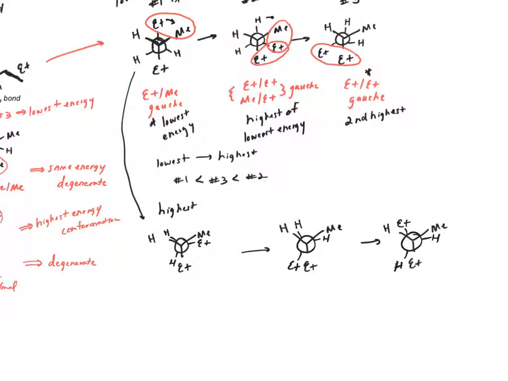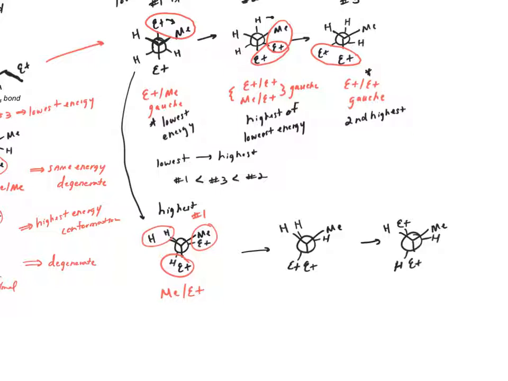So if we start over on number 1, we have a methyl-ethyl eclipse, we have a hydrogen-hydrogen, and a hydrogen-ethyl. So if we keep track of just carbon eclipses, right now in this one we've got a methyl-ethyl.